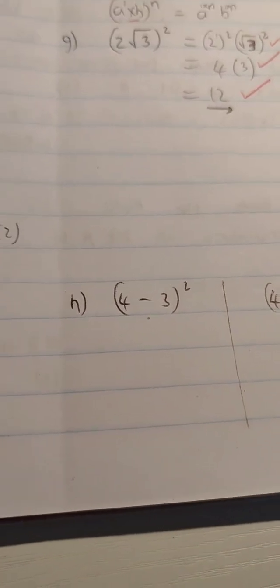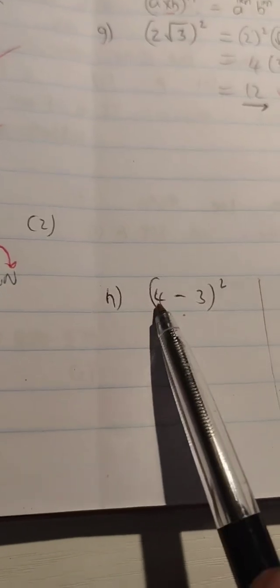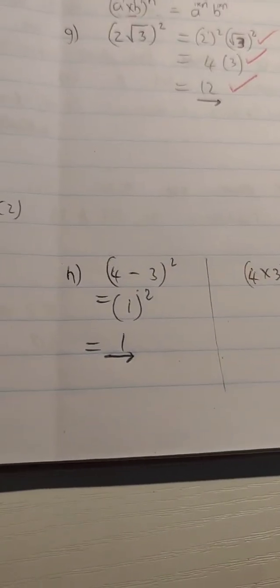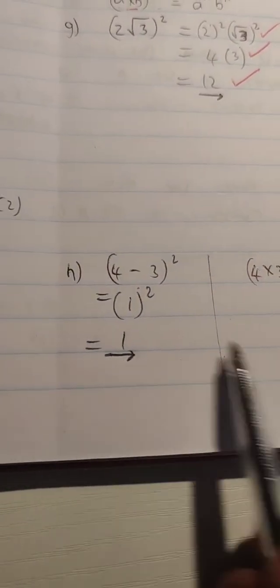Hopefully you know that we can't. But rather look at this. What's 4 minus 3? 4 minus 3 is 1. 1 squared is equal to 1. So that's how we get that answer.